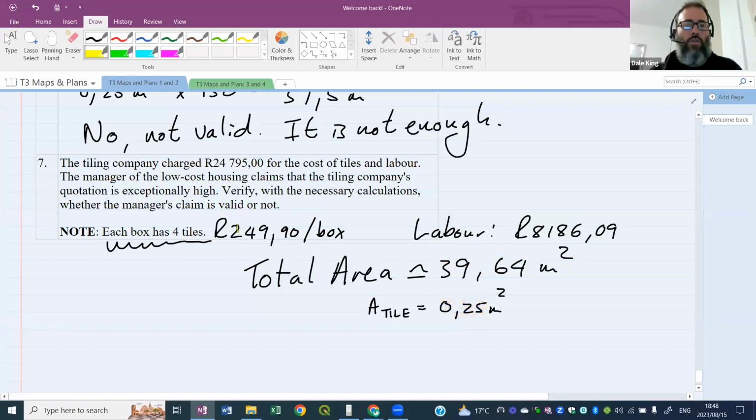We know that it's 249 Rand 90 for a box of tiles, and there are 4 tiles in each of those boxes. To work out the total cost of the job, we also have to add on the labor. So not just the cost of the tiles, but the cost for the labor as well. And we're comparing it to this person saying it's going to cost 24,795. Is it going to cost that, or is it not? That's what we're trying to check.